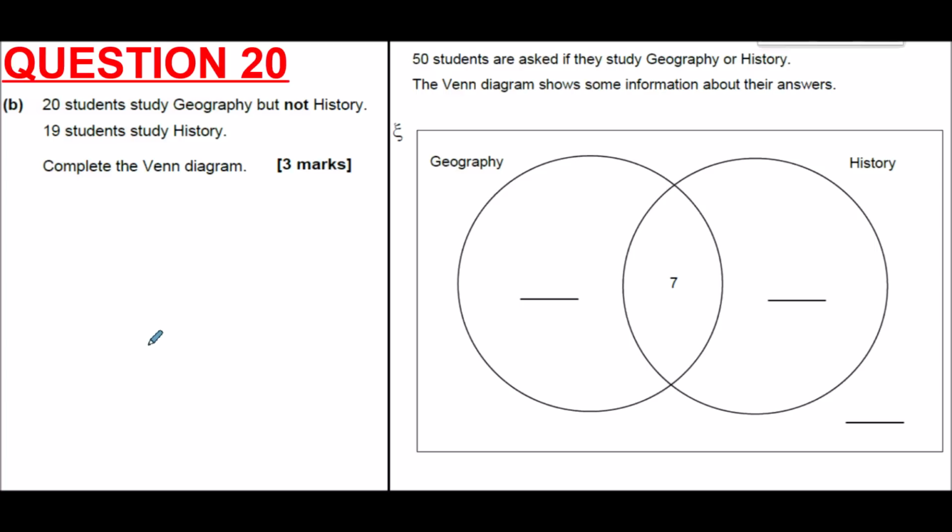So we now need to add this information into the diagram. So what we're told here is, first of all, 20 students study geography but not history. And so those students study geography only and have nothing to do with a history circle. And so those 20 geography but not history, that is the students in the geography circle only.